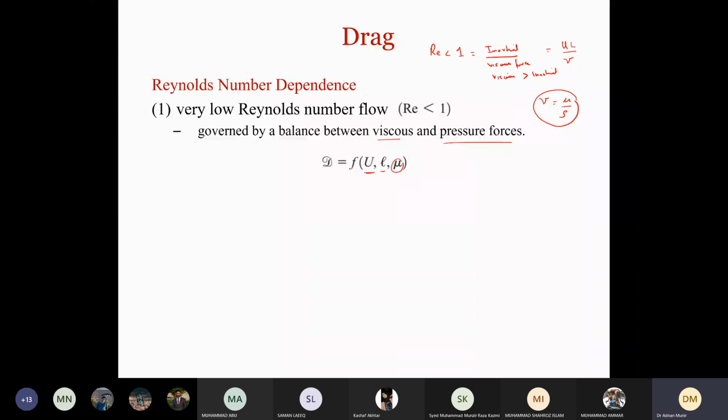So now it is a function of, for fluid properties, mu, L length, and U incoming flow. Another factor that D depends on is the shape of the structure, as we saw. So in order to take into account the shape of the structure, we introduce another constant called C. So this C is a representation of the shape of the structure.